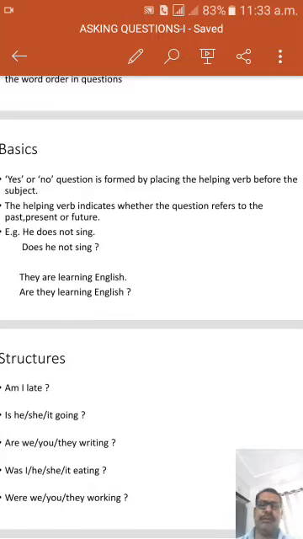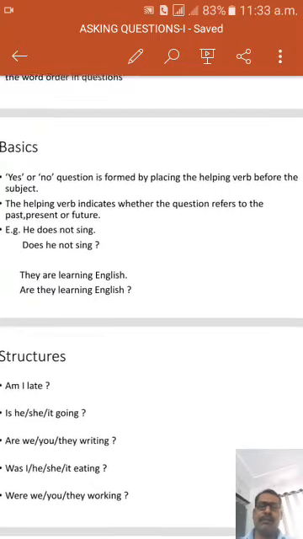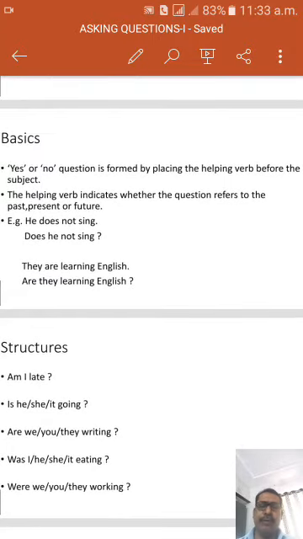The helping verb, the auxiliary verb with which we start framing yes or no type questions, indicates the tense of the question, whether it is in present tense or past tense or future tense.